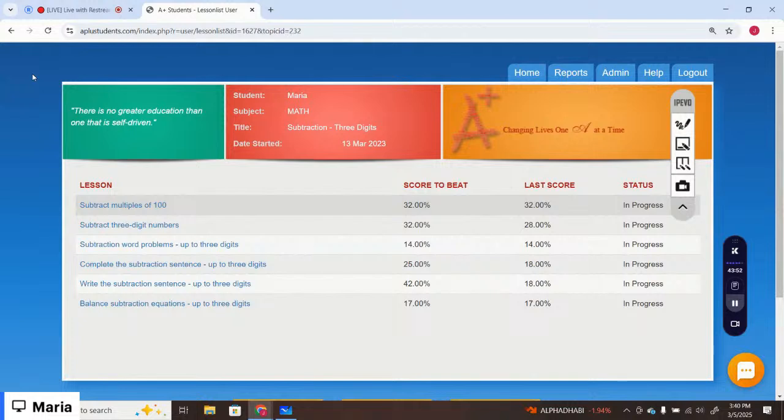The lessons we have covered today are subtract multiples of 100, subtract 3-digit numbers, complete the subtraction sentences up to 3 digits, and write the subtraction sentence up to 3 digits.